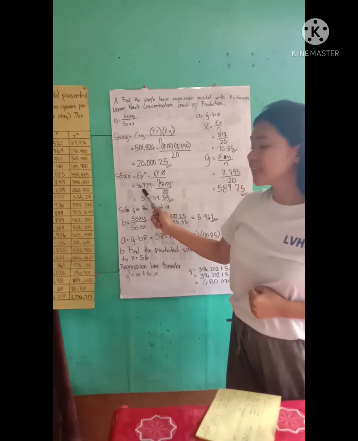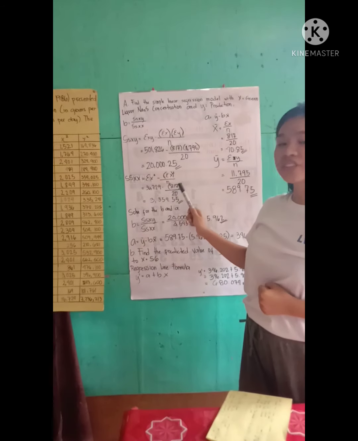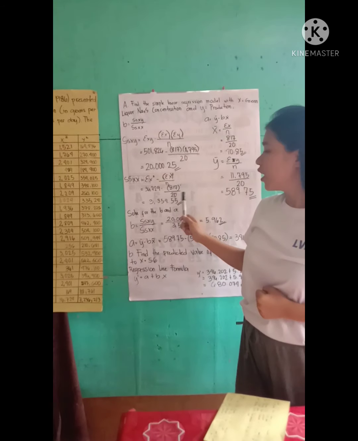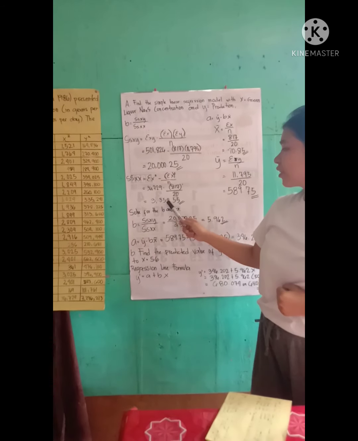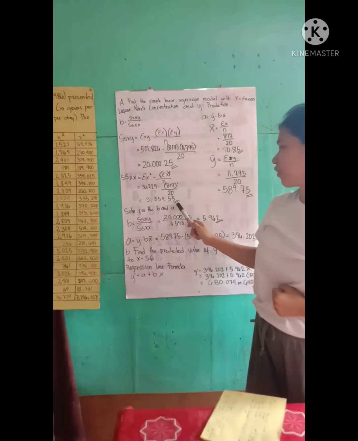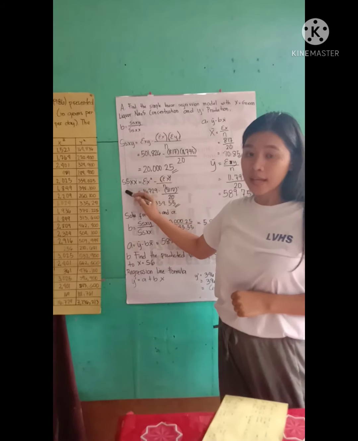So 36,729 minus 817 raised to the power of 2 divided by 20 is equal to 3,354.55. So this is the value of the summation of square xx.